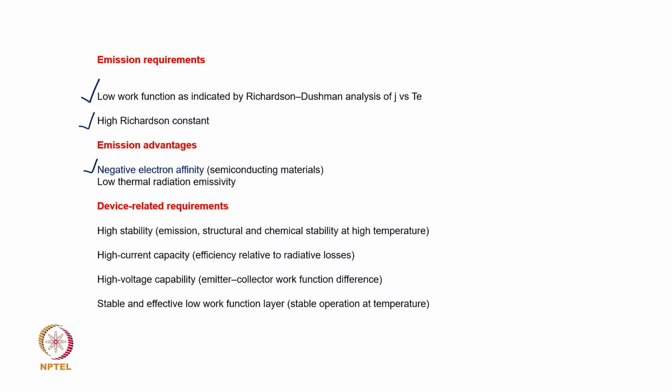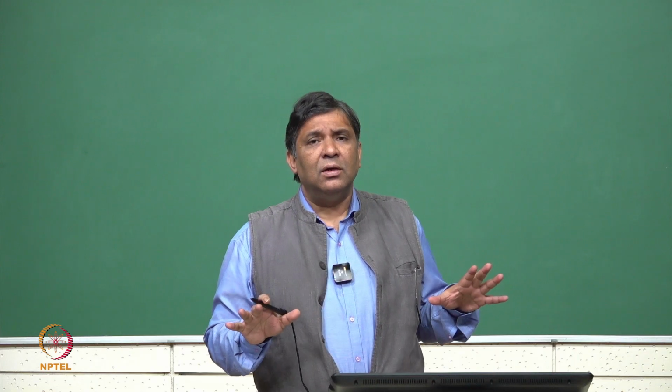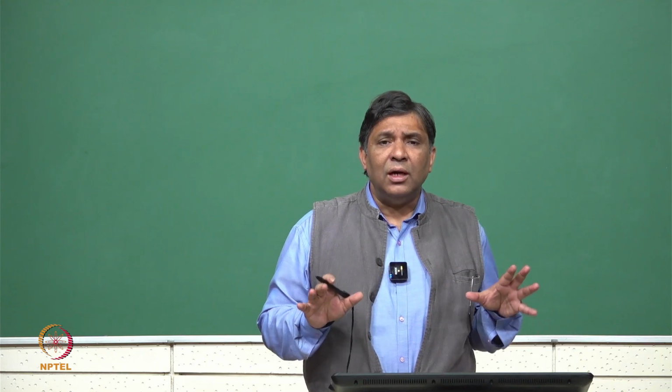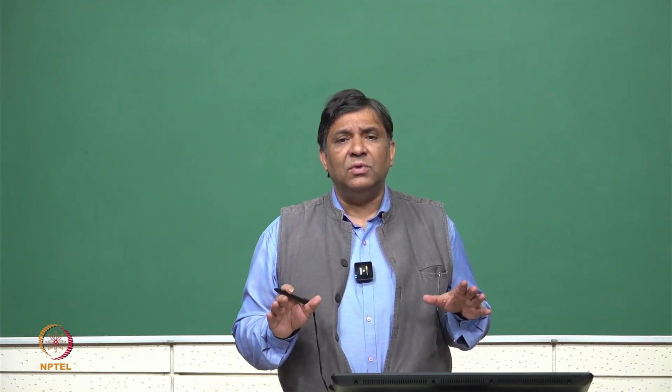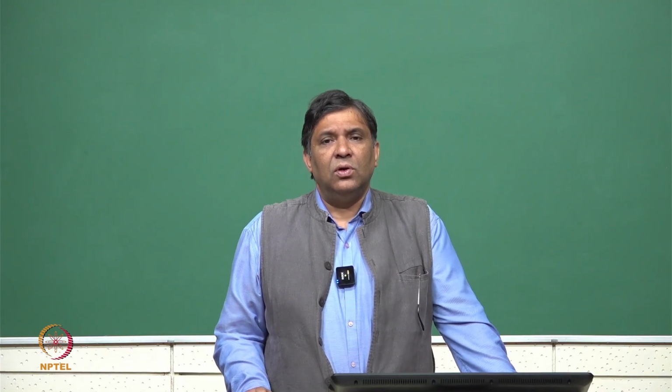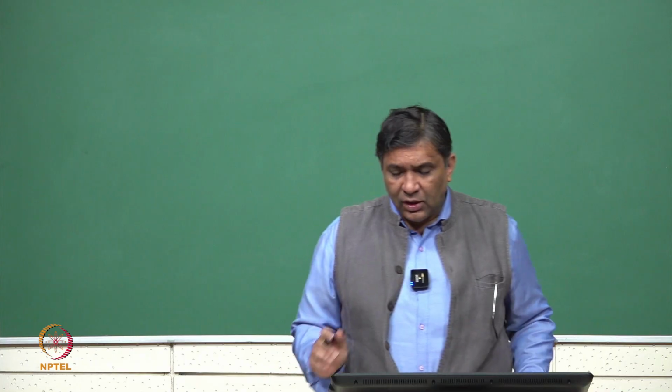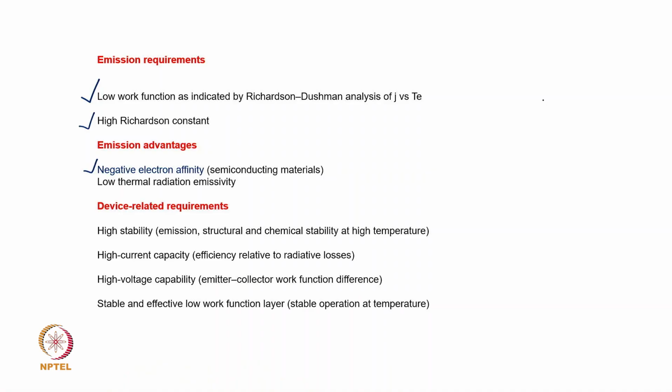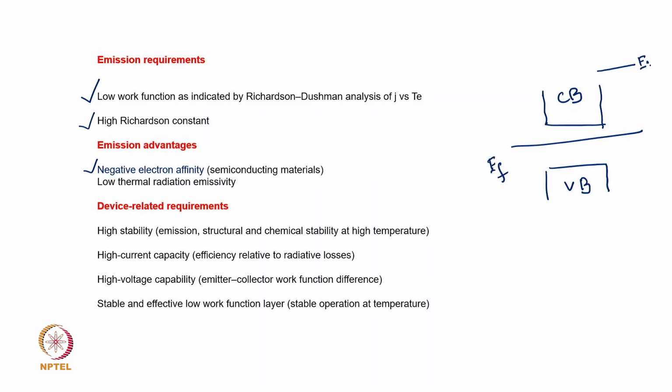Okay. So, what kind of better emitter surface we can make is basically decided by the electron affinity of that surface. What do we mean by this? Suppose I take a semiconductor where this is the conduction band and this is the valence band, and then I have a Fermi level here and a vacuum level here.